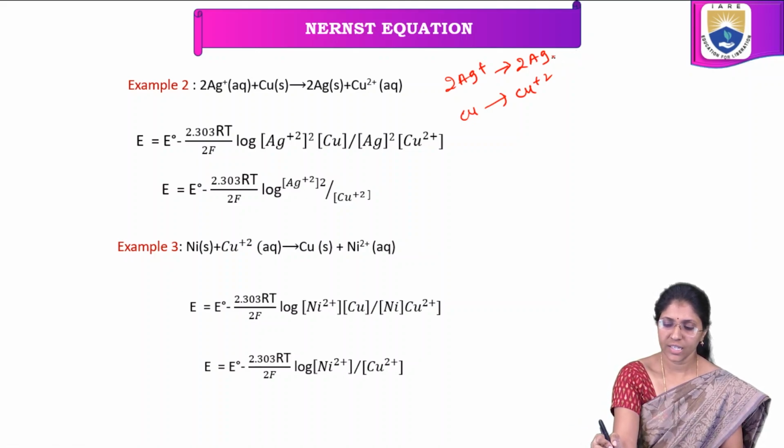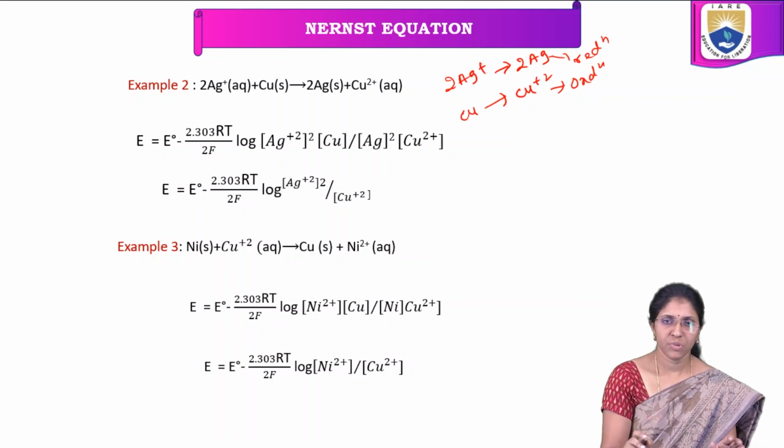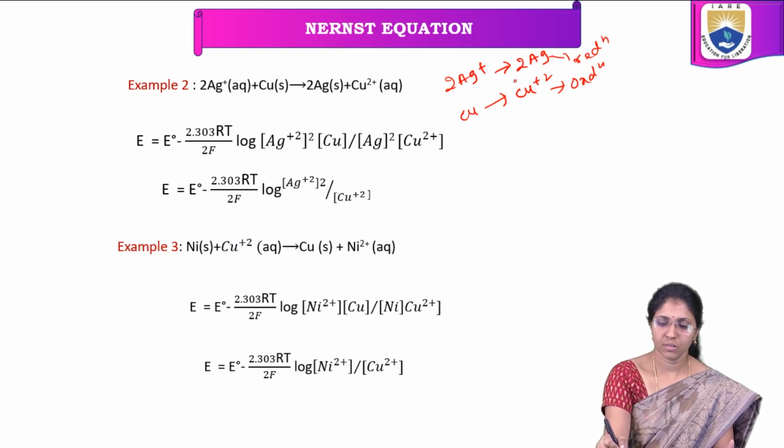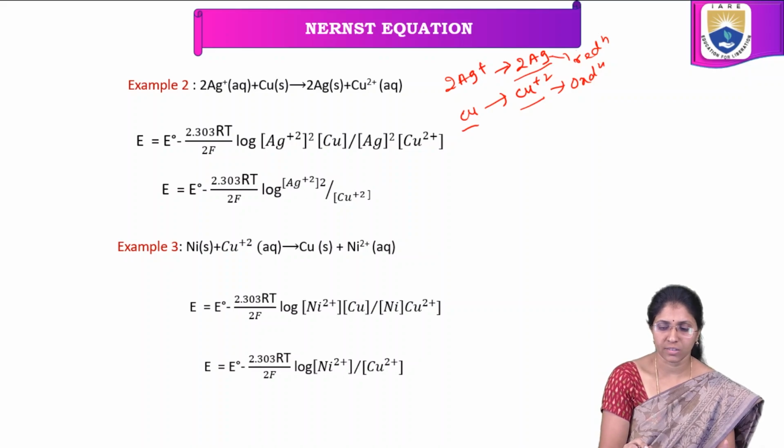This is the reduction reaction, and this is the oxidation reaction. In this, 2 silver ions accept 2 electrons and form 2 silver atoms, and copper is converted into copper plus 2 by the loss of 2 electrons. Here the number of electrons involved in the reaction is 2.